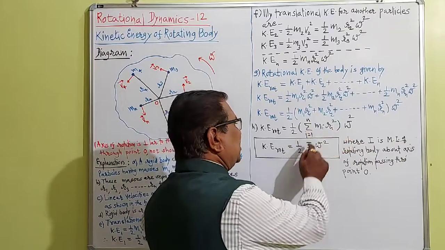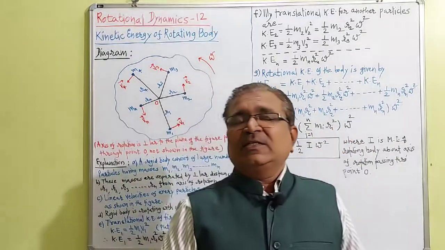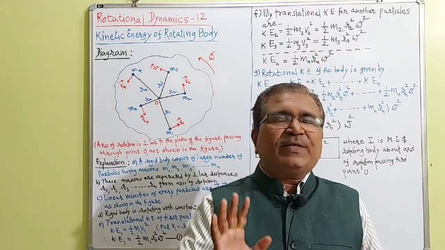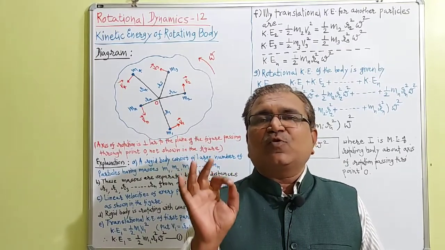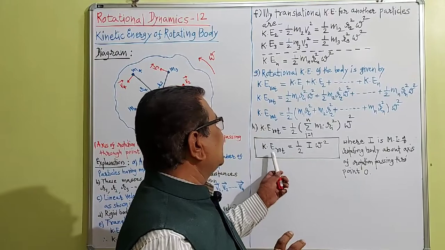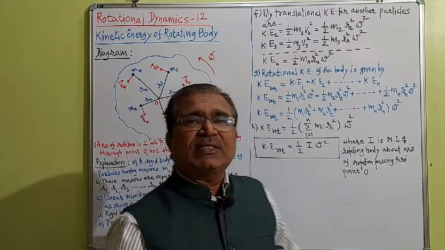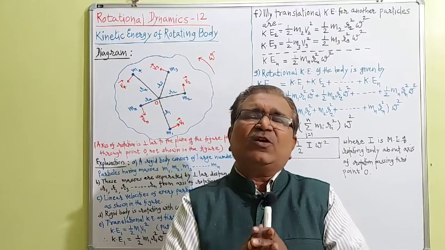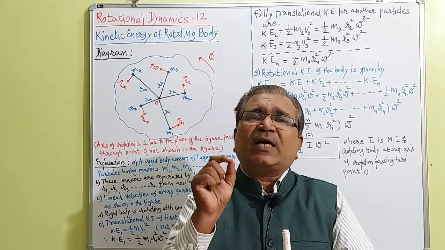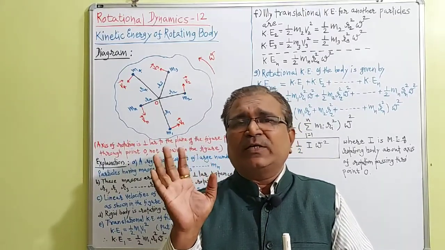This is the definition of moment of inertia, and so we get the kinetic energy of the rotating body, or rotational kinetic energy, equal to 1/2 I omega square.